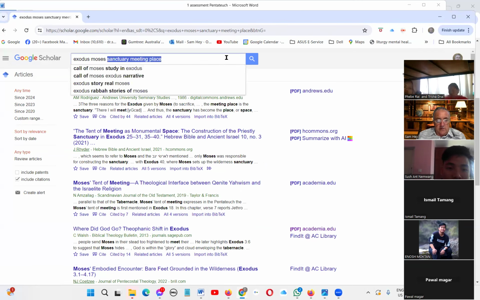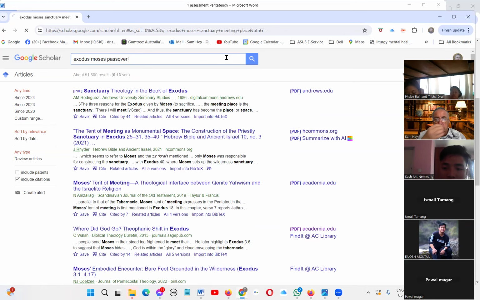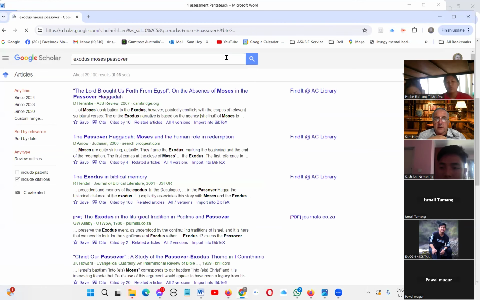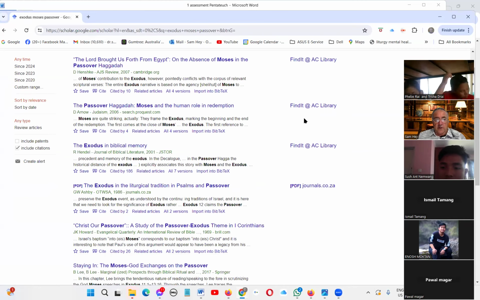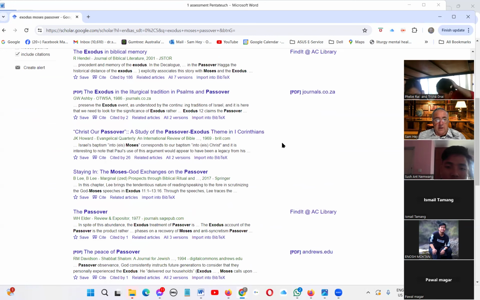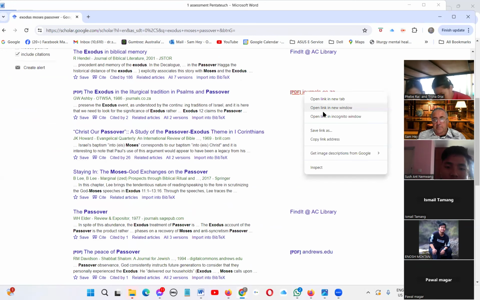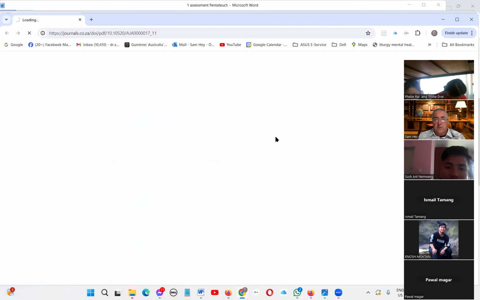You could put Exodus and Passover, or Exodus, Moses, Passover in Google Scholar, and that would give you some resources. You don't have to read all of the resource, but you could read a page or 2 from it, and then write about what Passover means in Exodus.